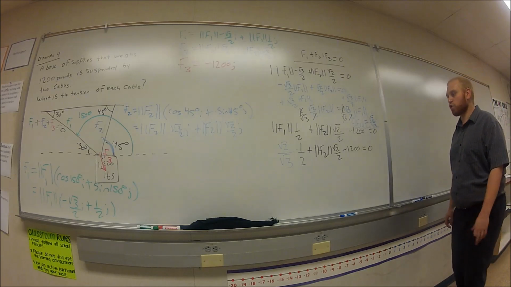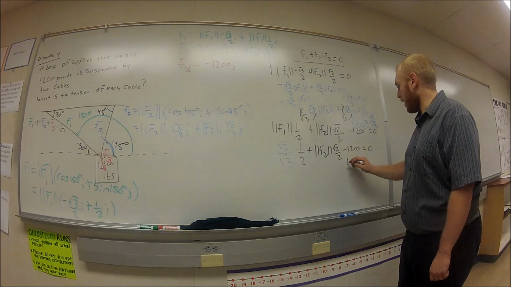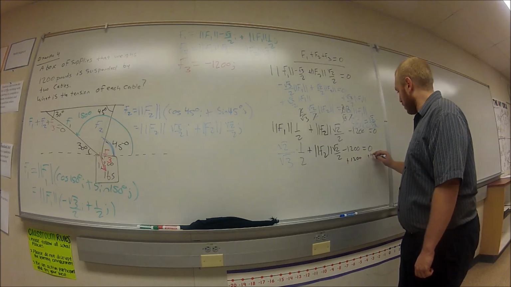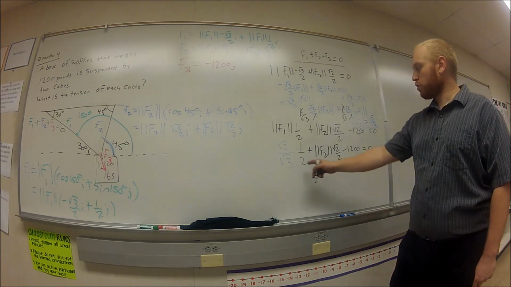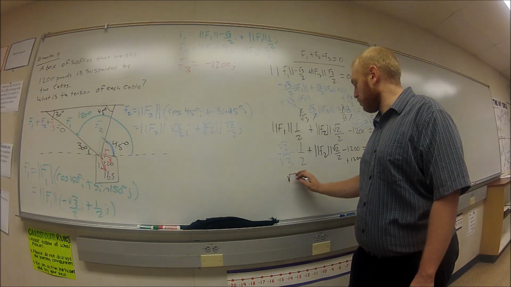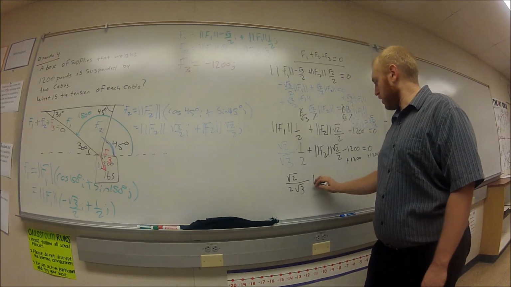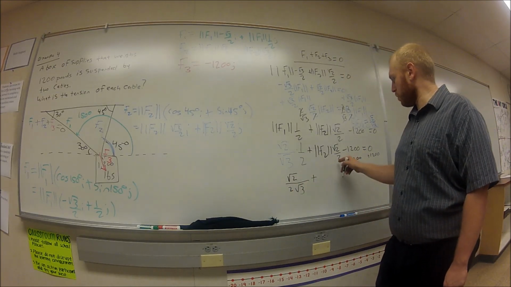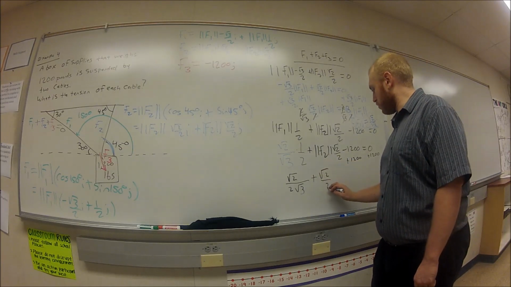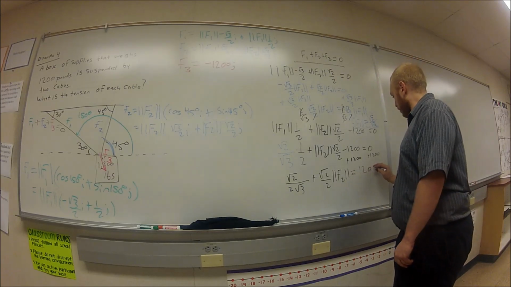We want to start solving for force 2. First thing I'm going to do is add 1200 over. Let's multiply this out. We start with root 2 over 2 root 3 plus, switching that to the front, root 2 over 2 times the magnitude of F2 equals 1200.